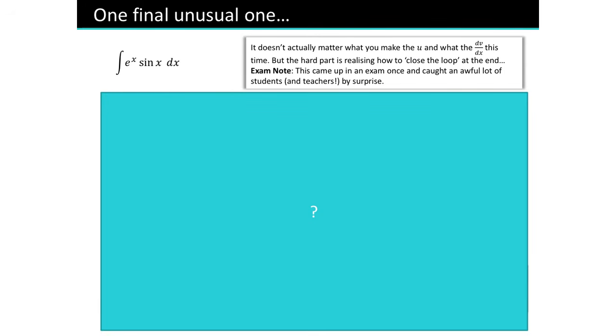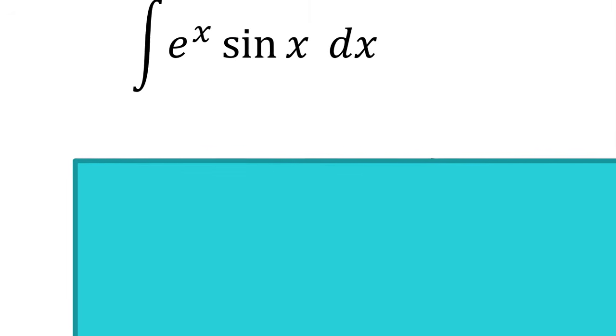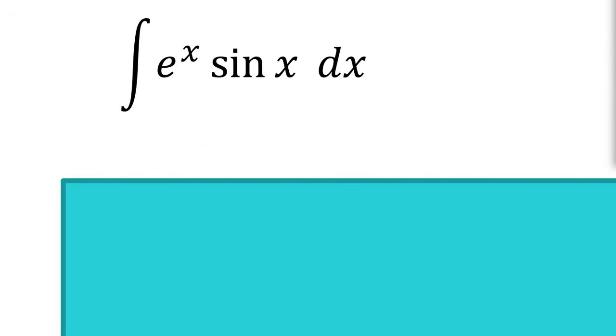Okay, so this one is an unusual one. This is one final unusual one. I love this one. It's my favourite one. I'm going to give you 3 minutes to get the answer. Off you go.